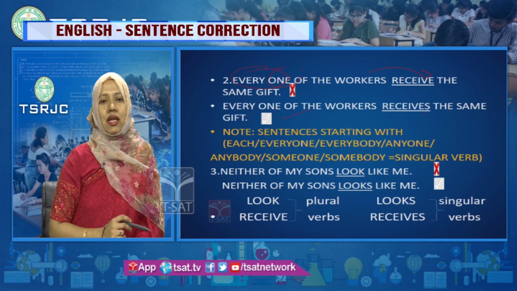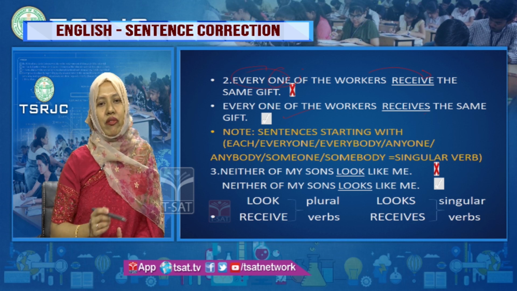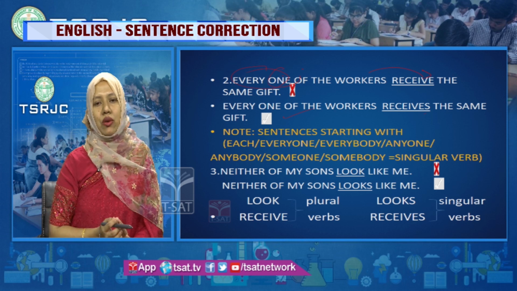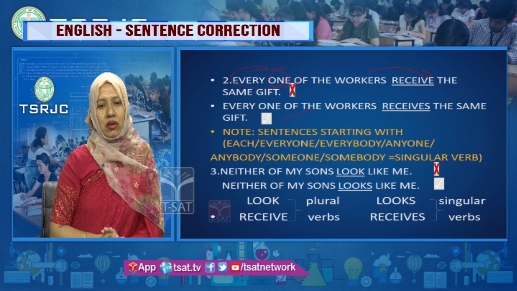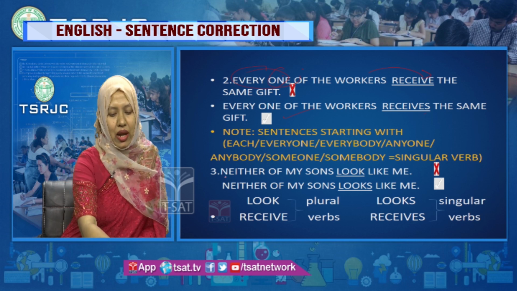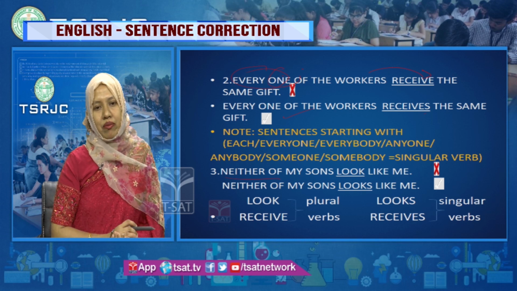So, sentences which are starting, in the subject's place, with each, everyone, everybody, anyone, anybody, someone, somebody, should be followed by a singular verb. If you look at the next example, neither of my sons look like me. We are talking about neither, that means nobody.